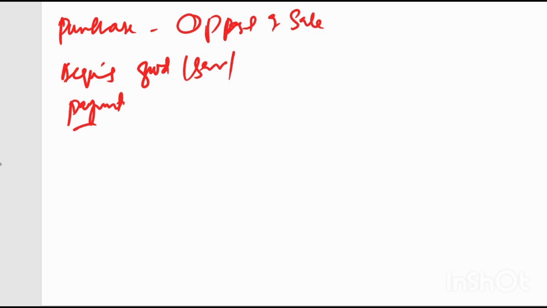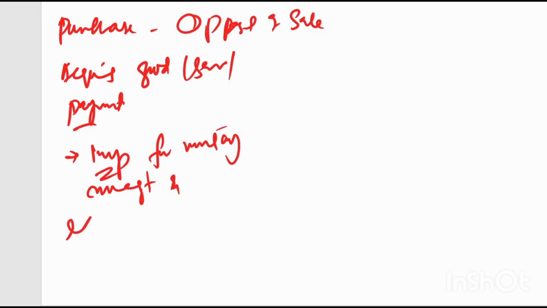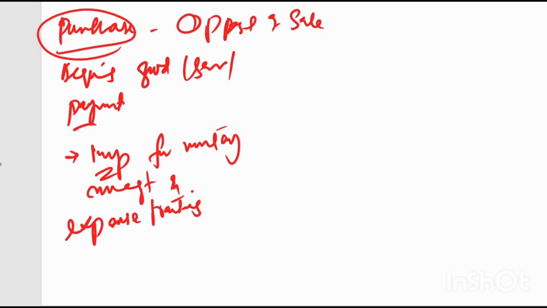So what you have to do is record every purchase transaction, whether it's cash or credit, and this involves tracking the supplier details, date, item purchased, and the amount. So it's important for inventory. You have to remember that purchase transaction is important for inventory management and expense tracking. So you have to be clear that you have to properly record the purchase transaction too.